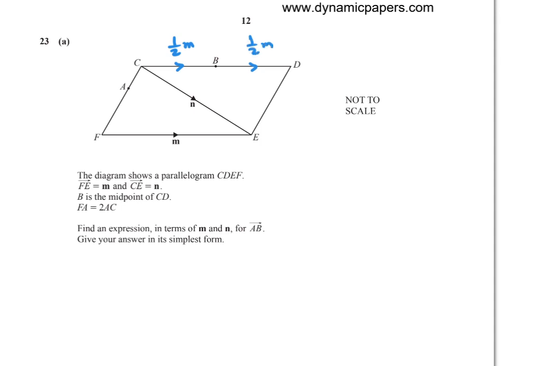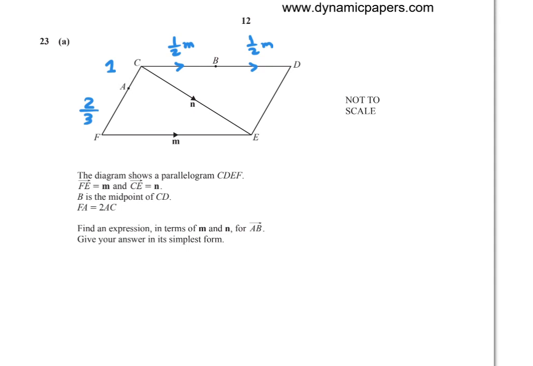Now FA equals 2AC. So the ratio between FA and AC is 2 to 1. FC is 3 parts, so FA is 2 out of 3, so 2 over 3.